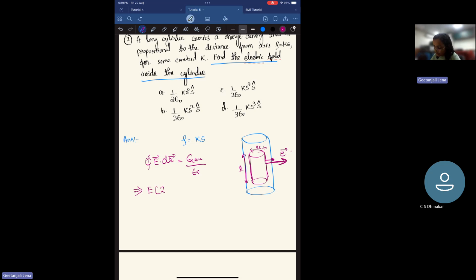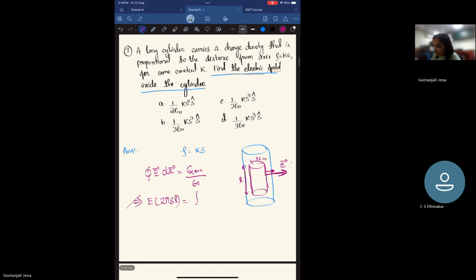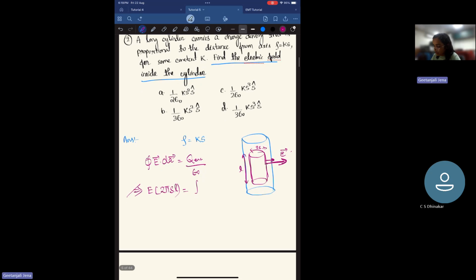I think all of you already know how to find the area element. If not, let me know. So E times 2 pi SL, and Q enclosed will be, since it's a volume charge, rho dV, by epsilon.